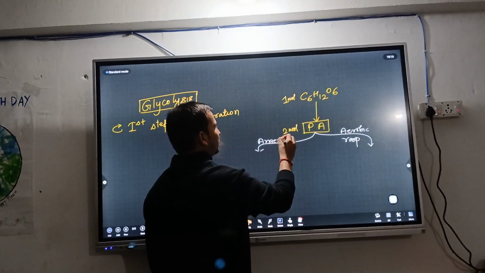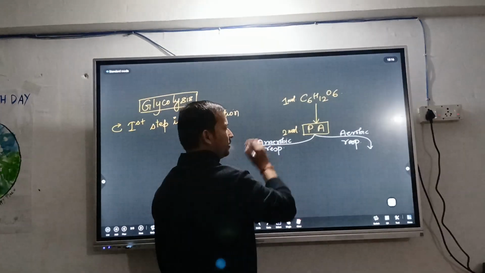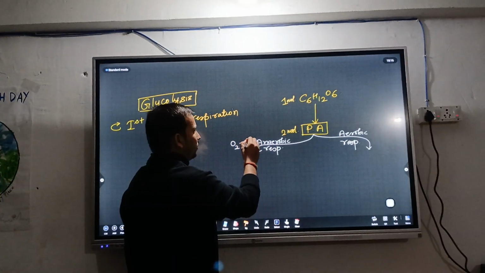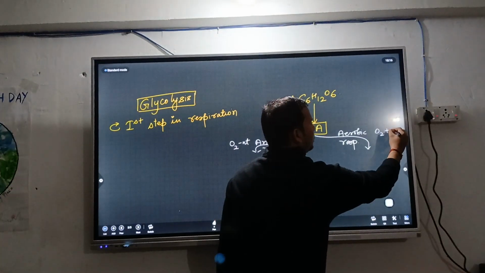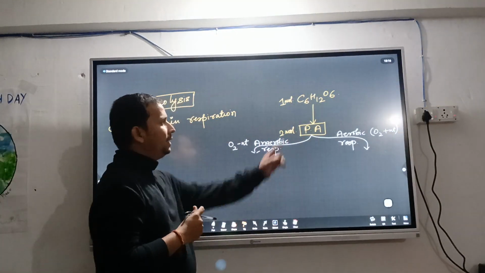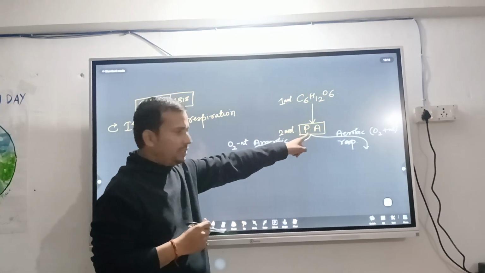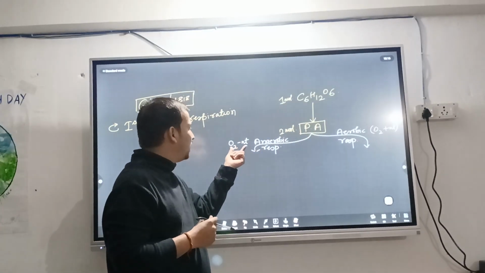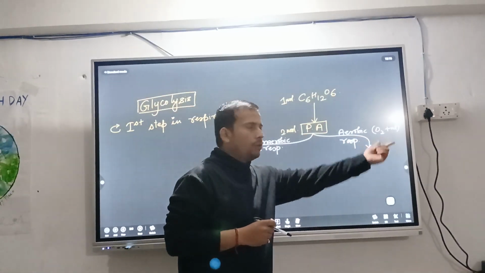Anaerobic respiration means here oxygen will be absent, and here oxygen will be present. I hope you are understanding till here. I am breaking this glucose into pyruvic acid, and pyruvic acid is given how many options? Either in absence of oxygen or in presence of oxygen.